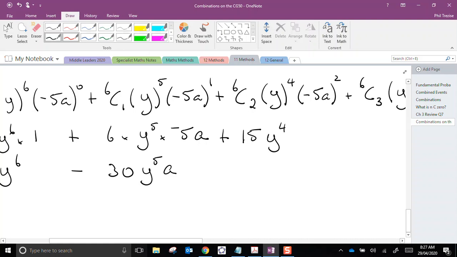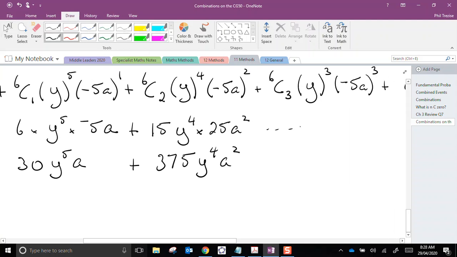Then y to the power of 4 multiplied by, now, negative 5 squared is 25a squared. So it's positive times positive, it's positive. Now, here's a big question. 15 times 25 is 375. y to the 4th a squared.